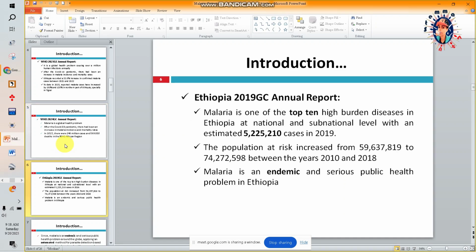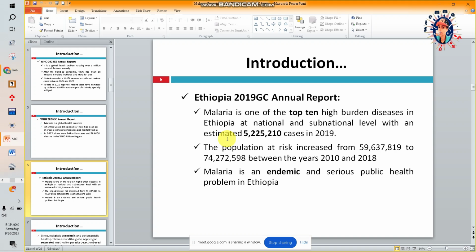When we see the annual report for Ethiopia, actually I have not found any reports except the 2019 report. According to it, malaria is one of the top 10 high-burden diseases in Ethiopia at national and subnational levels, with an estimated 5 million cases in 2019.